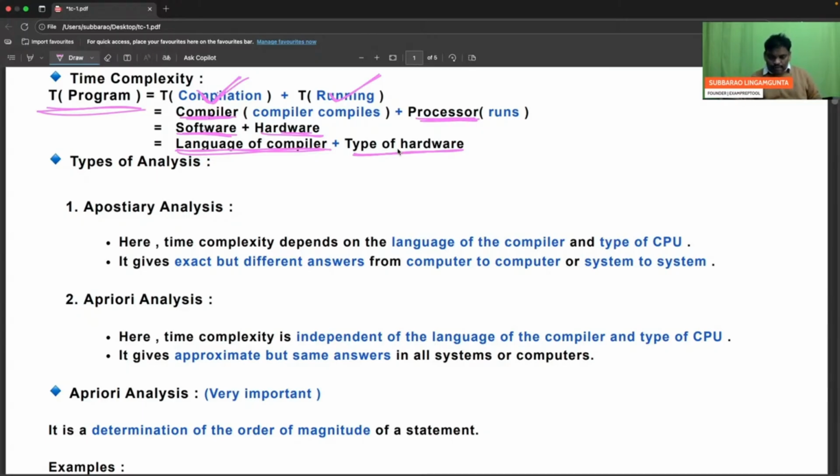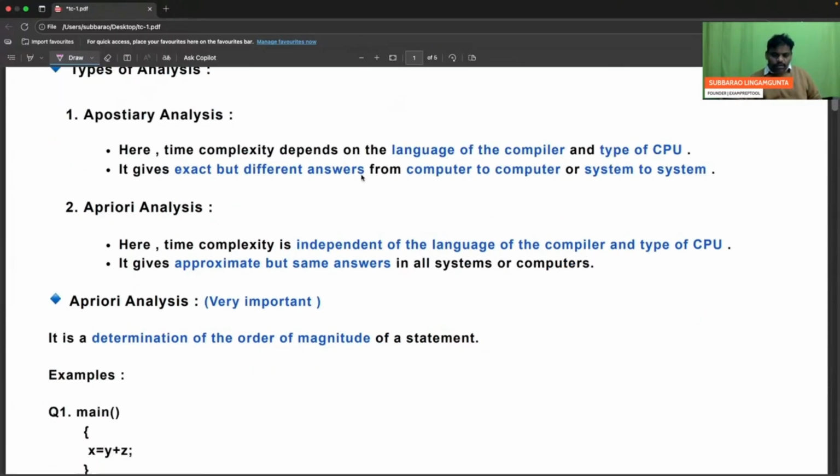Now observe, everyone. Analysis will be of two types: posterior analysis and priori analysis. In the case of posterior analysis, the name itself says postponement.